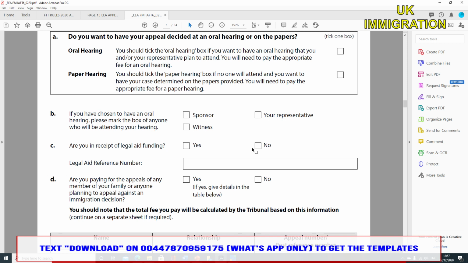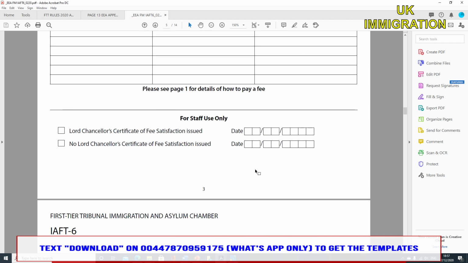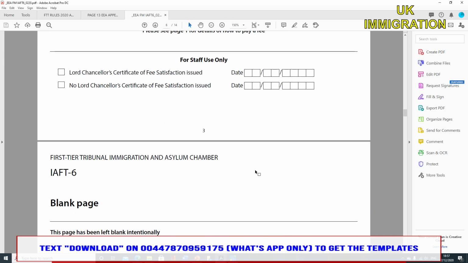Usually I have to tick no, because in most appeals these days, they have cut down the legal aid, and people have to pay privately for their representative fee. So say no. And next, are you paying for the appeal of any other family members? If you are not paying a fee for any other family members, you have to tick no. Let's go on to the next page.